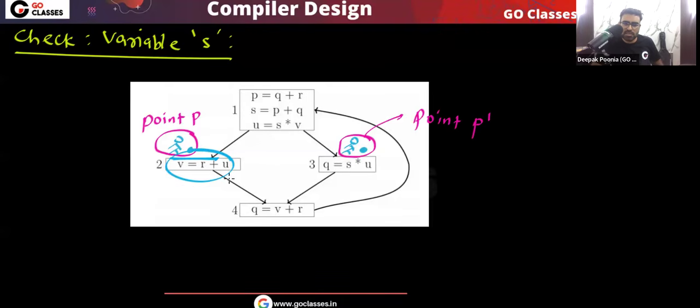The first instruction is this, and there is no S. Then the next instruction is this, and there is no S. Then you go on this outgoing edge. The next instruction is this, there is no S. Now the next instruction is this, and S is defined. So before using S, it is defined. Yes or no? So you can notice at point P, S is dead.